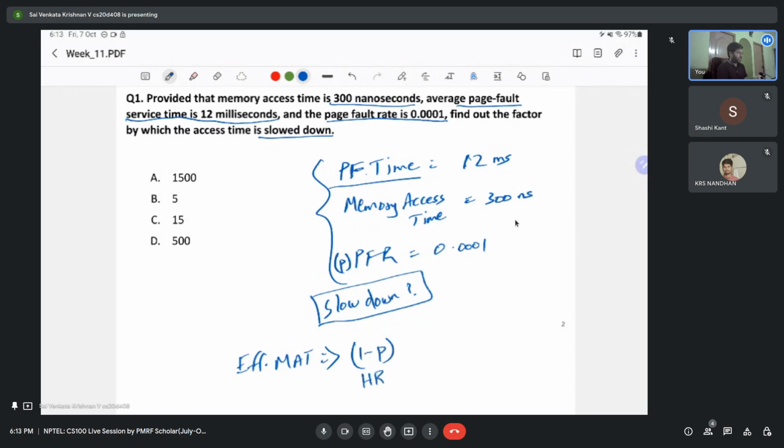This much percentage of times, whatever page you are requesting is present in the memory. So it is (1 minus p) times 300 nanoseconds, which is the time taken to retrieve a page that is present in memory, plus the remaining p times is when the page fault occurs and it's not present in memory. Then it will be 12 milliseconds, which is 12 into 10 to the power 6 nanoseconds.